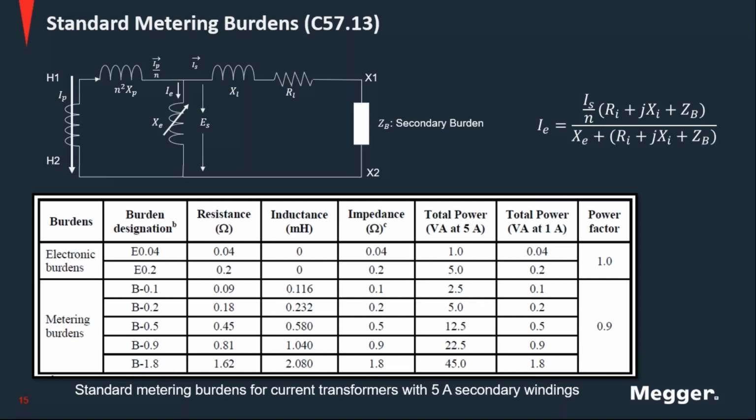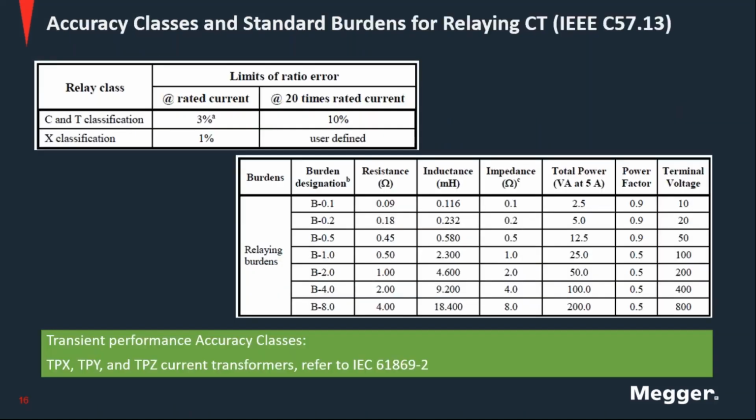That is also what the assessment is about. We can see that this burden definitely affects the excitation or the performance of the instrument transformer. The excitation current is dependent on the burden connected to its terminals. So it is very important to measure it and use it for the assessment.